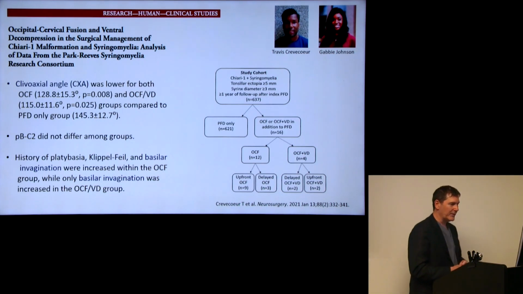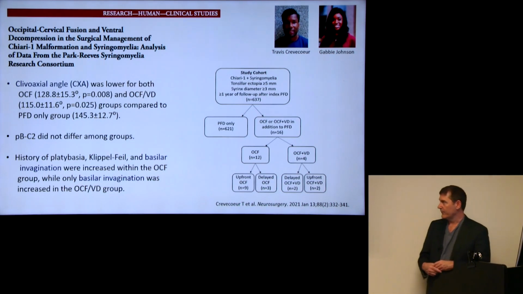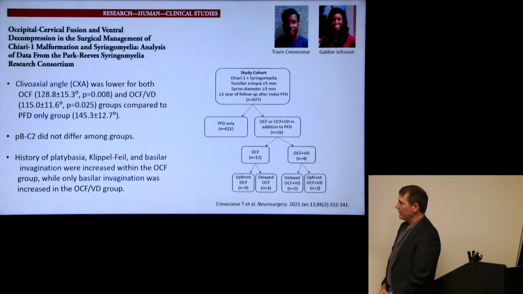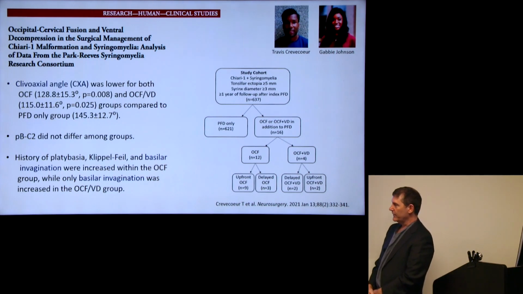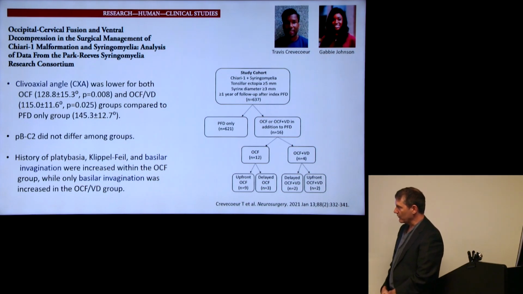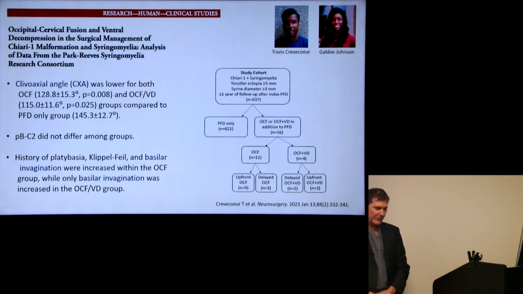And what they found is that when we think about the complexity of craniovertebral junction structure and how it changes over time, one of the things that we think about very commonly is whether somebody has instability.